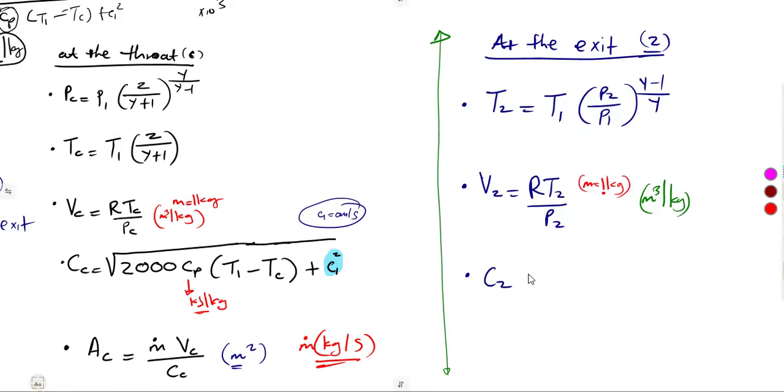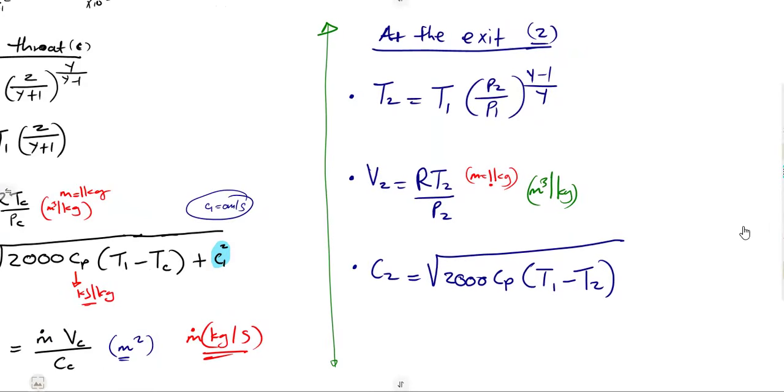C2, the speed or the velocity there, will be the same thing, just like this one I explained, how to get rid of the kilojoules. So you're going to use 2000 times Cp into T1 minus T2. You are at this point, so it's T1 minus T2.